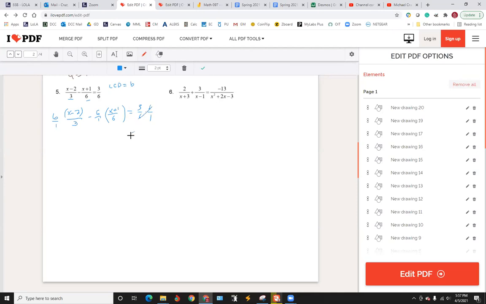So these are all on, that's just 3. 3 goes into there twice. So it's 2 times x minus 2. And then this is going to take that out, and that's just 1. So it's minus x plus 1.